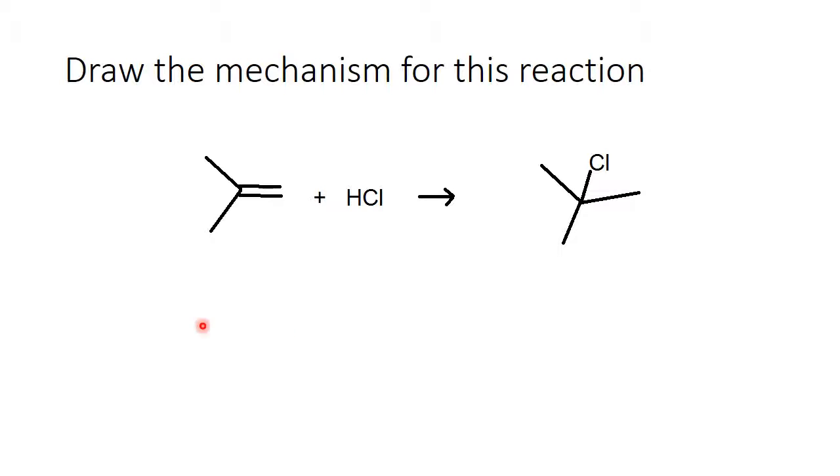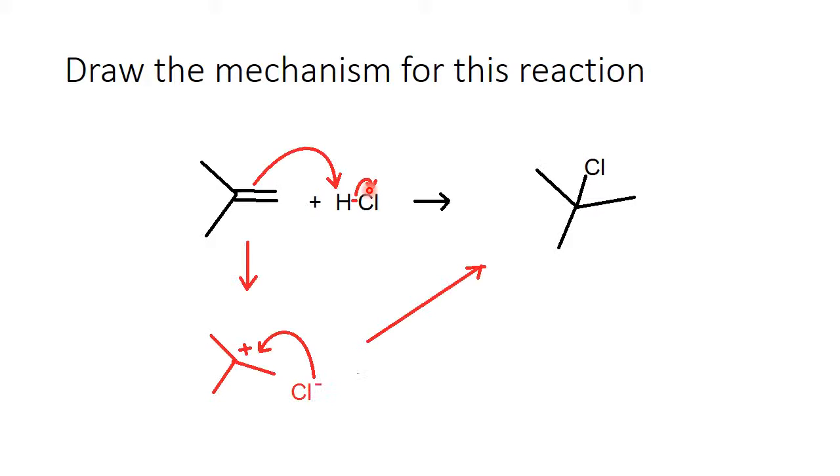Okay, for this reaction to occur, what has to happen is this is the nucleophile. So the electrons are going to go from the pi bond and grab the proton. Then the electrons that are in this bond are going to jump onto the chlorine.